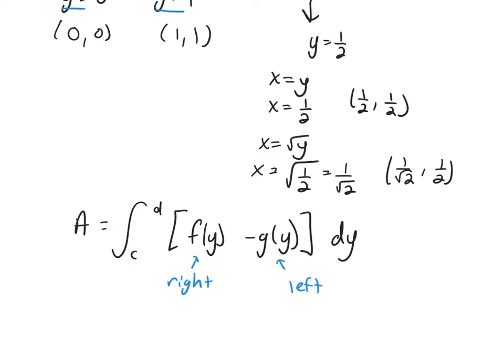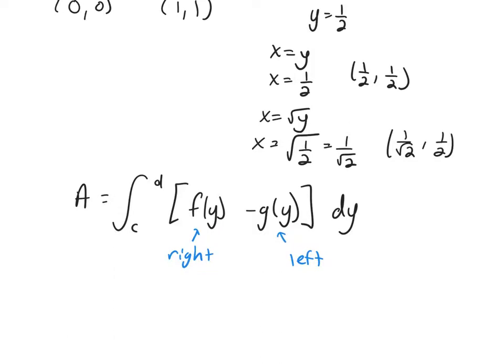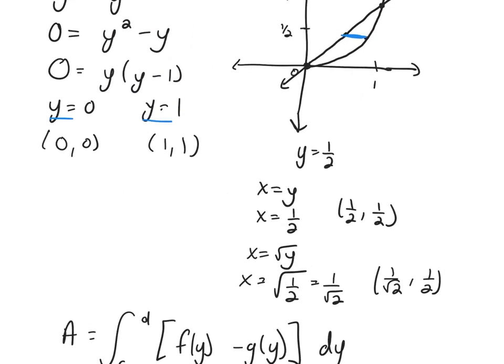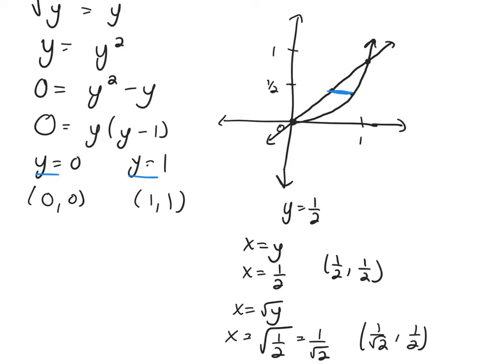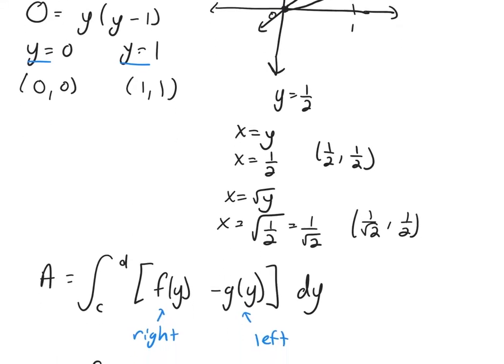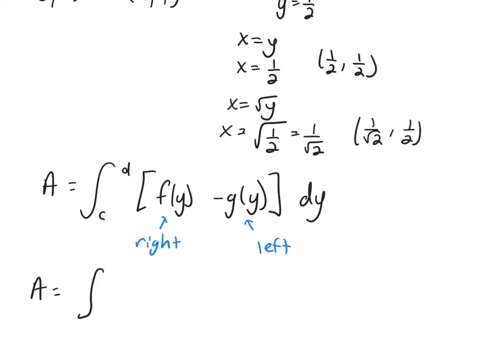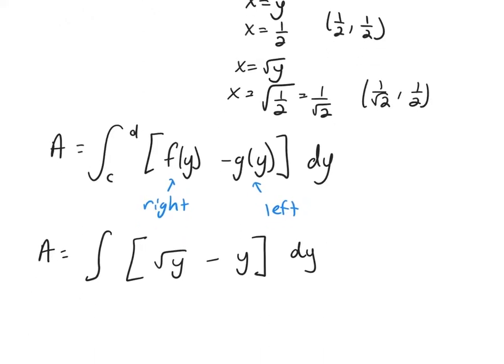All right, so let's find the area here. Which function was on the right? It was the square root function. So it would be the integral of the square root of y minus y. And then what were the bounds on y?